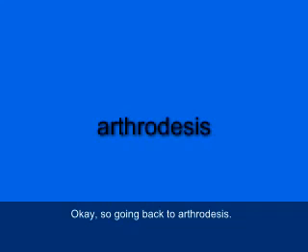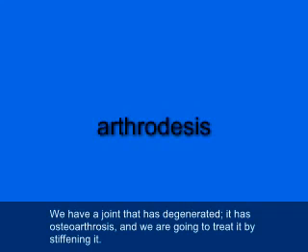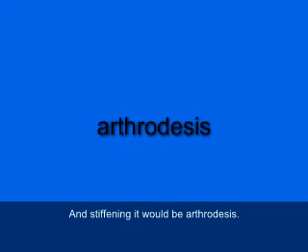Okay, so going back to arthrodesis, we have a joint that has degenerated, it has osteoarthrosis, and we're going to treat it by stiffening it. And stiffening it would be arthrodesis. Okay, three terms relating to joints.